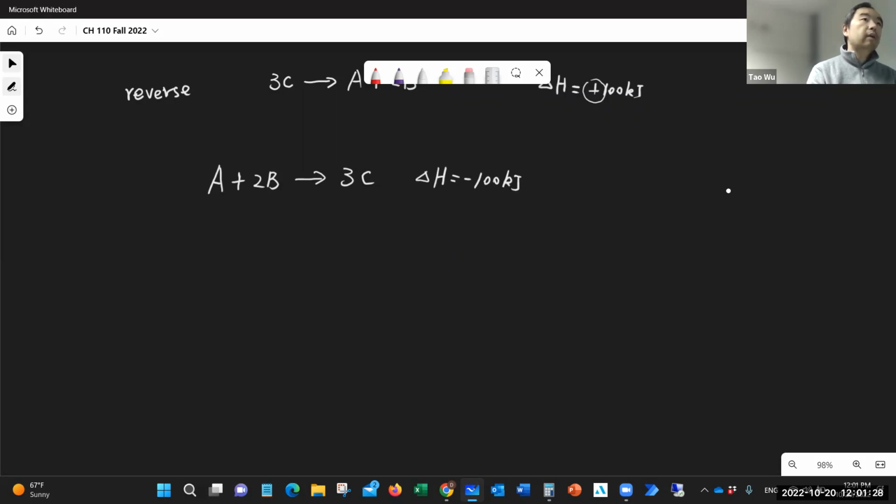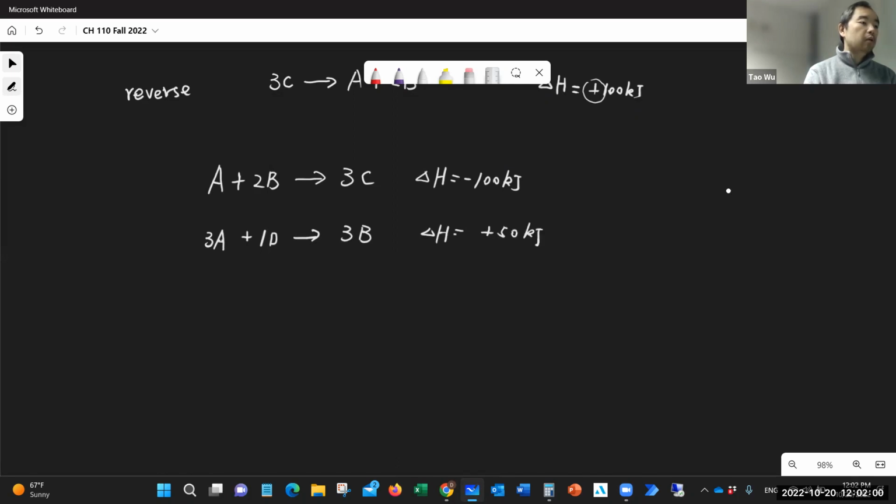Well, we have another equation. Let's say the equation is 3A plus 1D to form 3B, and the enthalpy of this reaction is positive 50 kilojoule.